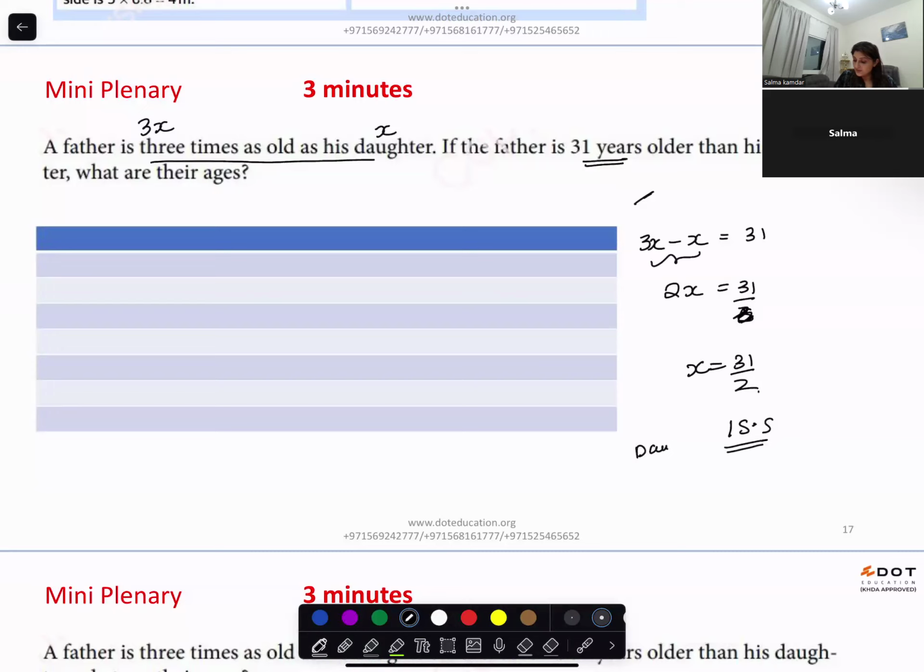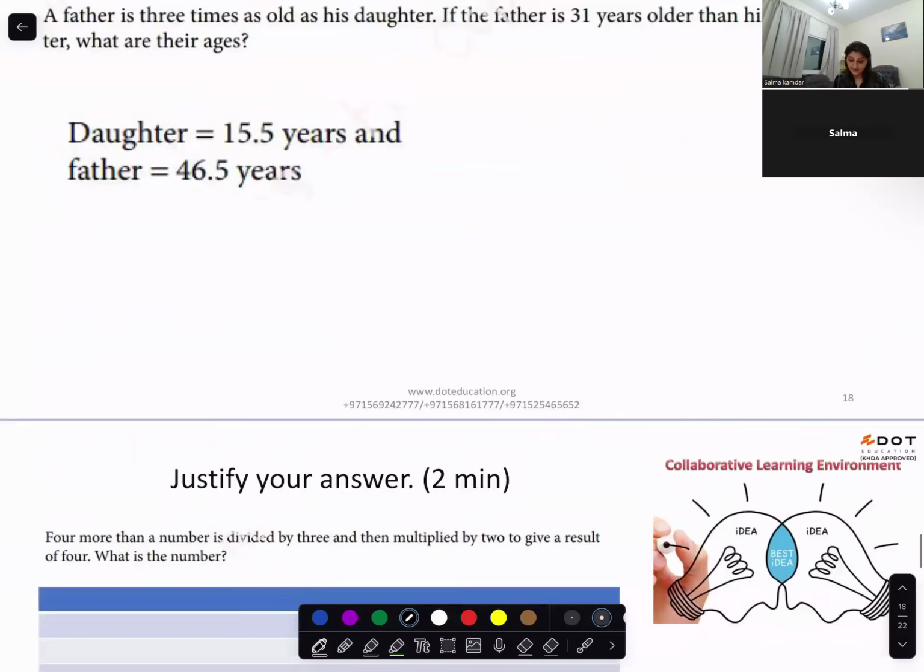So my daughter is 15 years 5 months, or 15.5 years. And father is 3 times the age of the daughter. That is 3 times 15.5. So the age of the father would be 46.5 years. This you would do on the calculator.